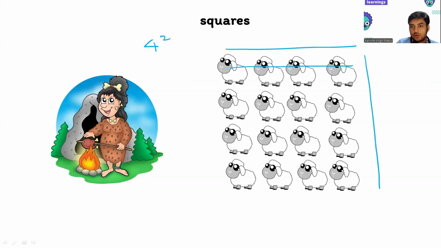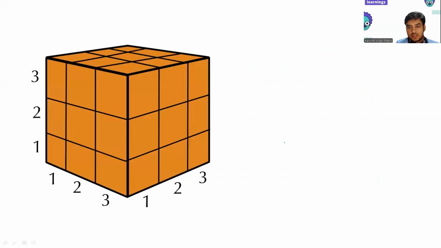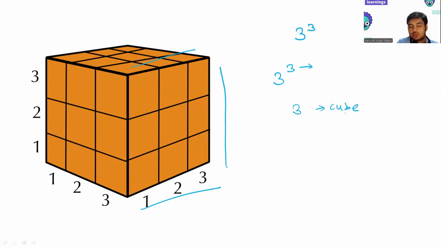Okay. So 4 like this and 4 like this. So actually it would be 16. It represents the area of a square that has edge 4. Same way, volume is represented when I take 3 cubed. So it's actually 3 like this, 3 height, 3 width and 3 length. So in 3 cube, the 3 here represents the exponent 3, here it represents cube, and 3 is also the edge.